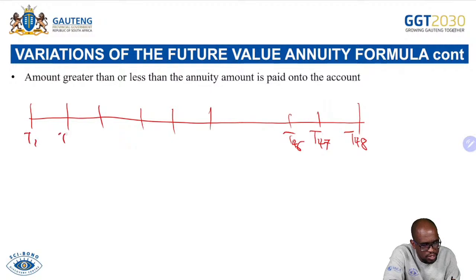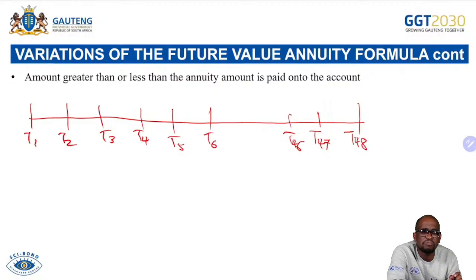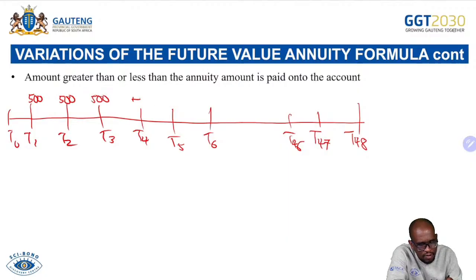T1. T2, T3, T4, T5, T6. Okay, let's say you are investing 500. All right, you start, let me have my T0 here. You start here, 500, 500, 500, 500, 500, and so on.